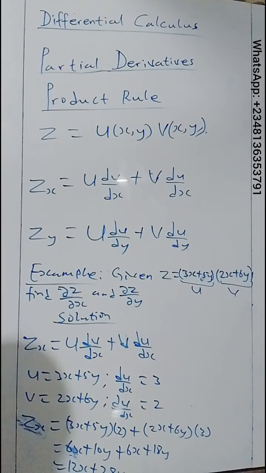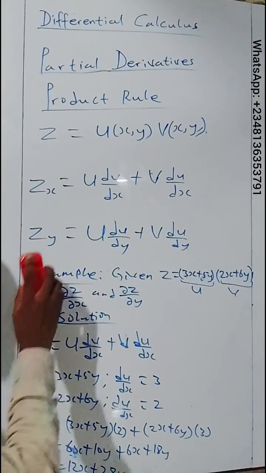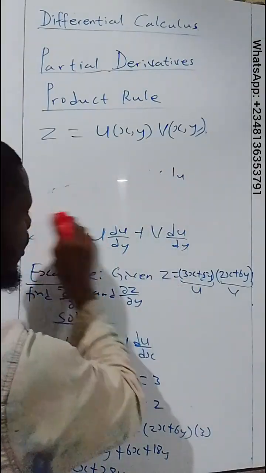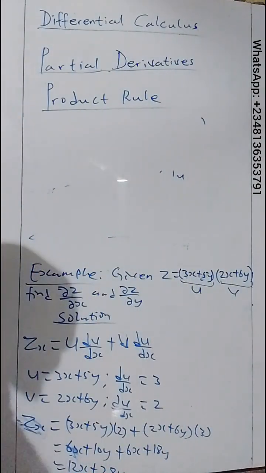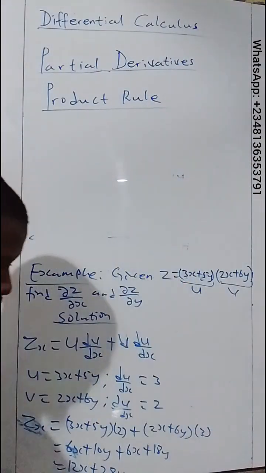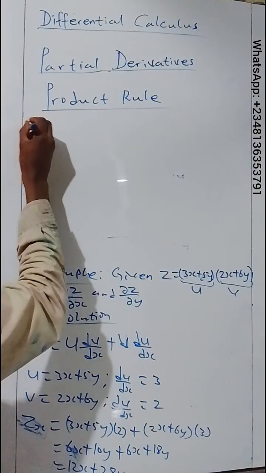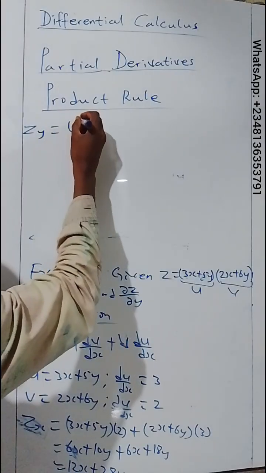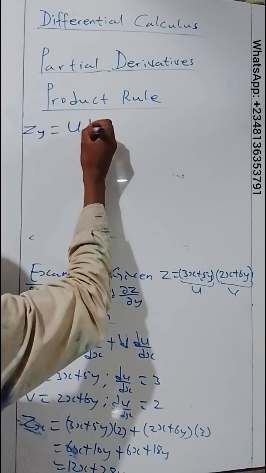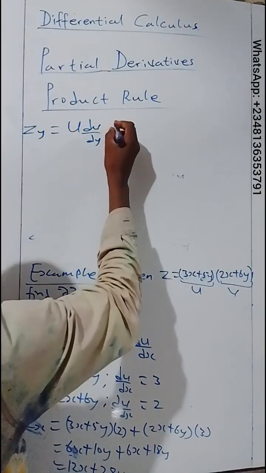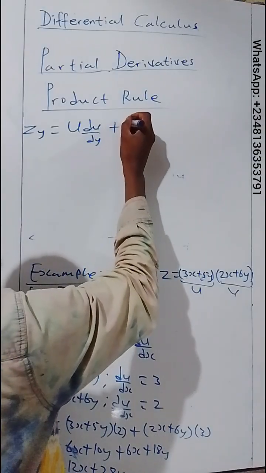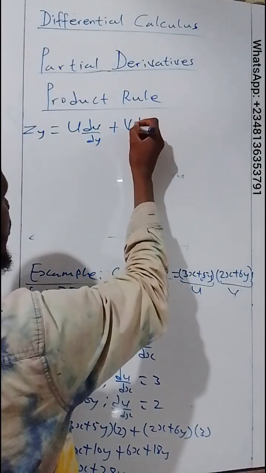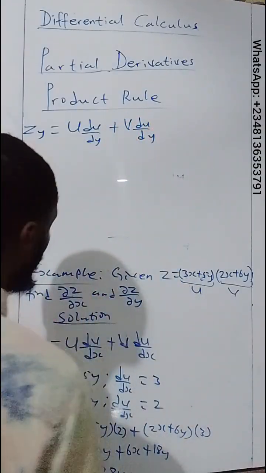What of the partial derivative of z with respect to y? Let's do that here. z sub y equals u dv/dy, plus v du/dy.